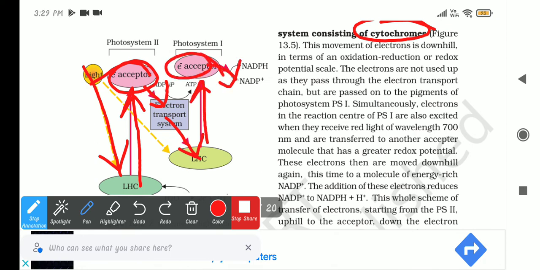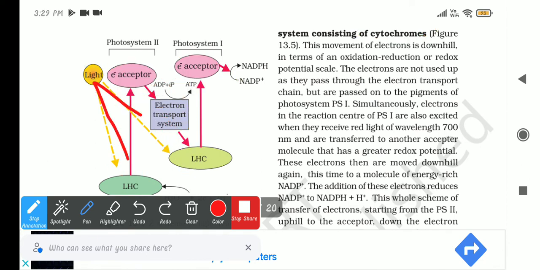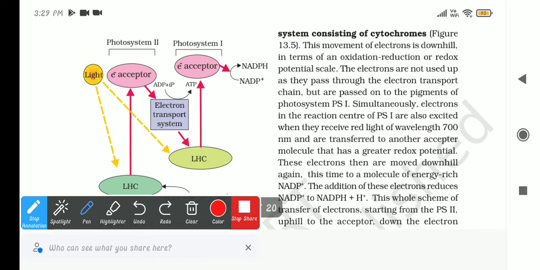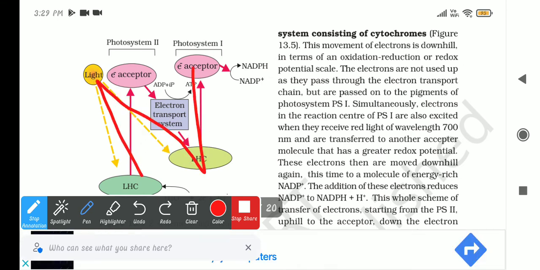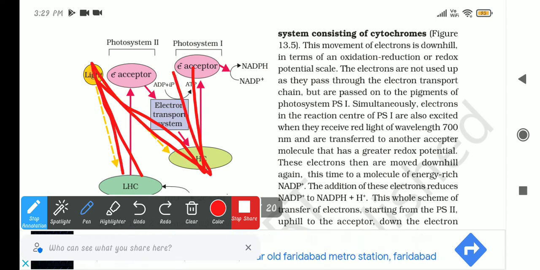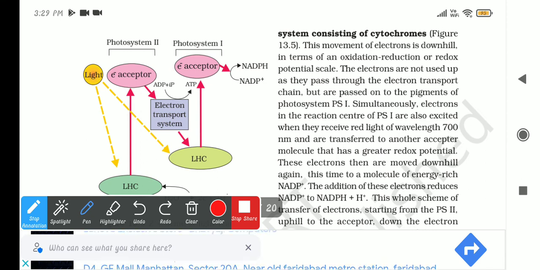And yes, this is the Z scheme. From here it looks like an N, but from here it looks like a Z, so it is named the Z scheme.